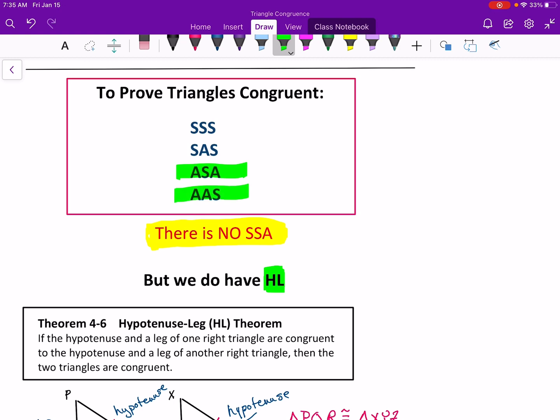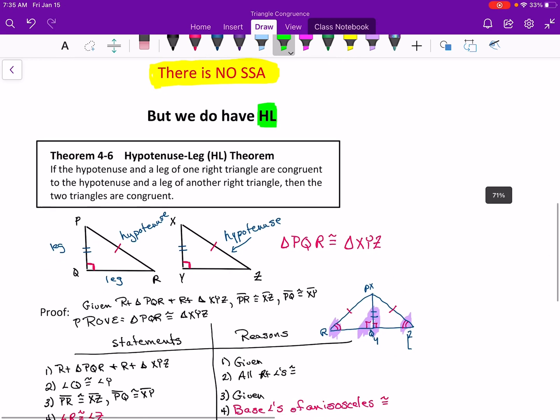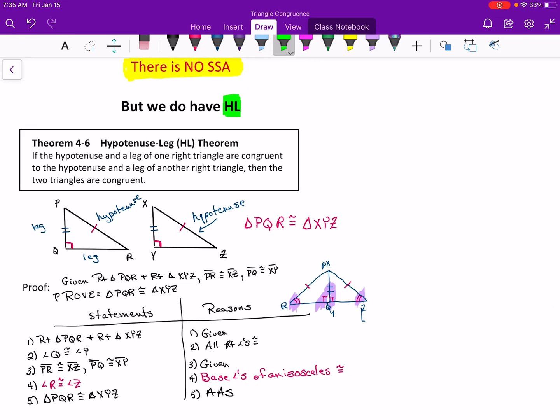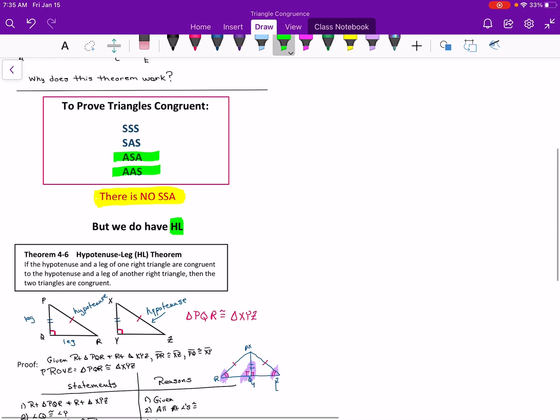If it's AAS, you're going to have an angle, skip over a side, look at an angle, and then the immediate next side. And for hypotenuse leg, you have to have a right triangle. You have to know that the hypotenuse, the side across from the right angle, are congruent, and then a third leg. So it is up on Canvas.